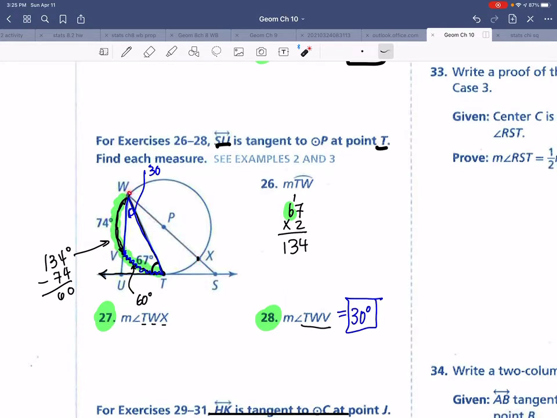So if that's a diameter, you know this angle is 180, right? So this is 180. That's half of the whole circumference. So it looks like this arc here would just be 180, take away the green arc, which was 134. Okay, so I get 46. So to figure out this angle, I'm just going to cut that in half. 23.